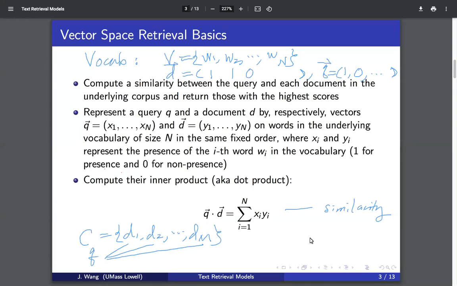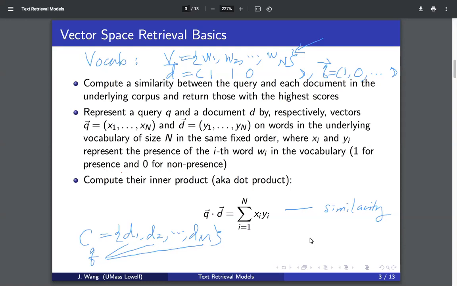As I said earlier, we have an implicit ordering of words, the lexicographical order, so you do have an order for each document. Once again, this order is independent of the order of word appearances in D or in Q. It's just a fixed order.